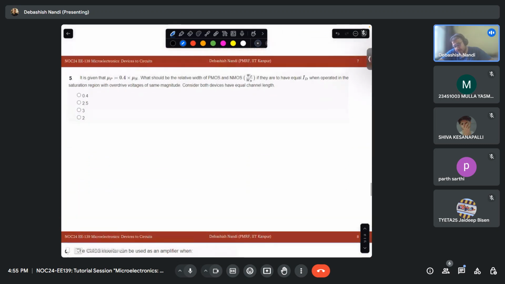It is given that mu p is equal to 0.4 mu n. By the way, can you tell me why the mobility of holes is always lower than the mobility of electrons? Can any one of you tell me that?